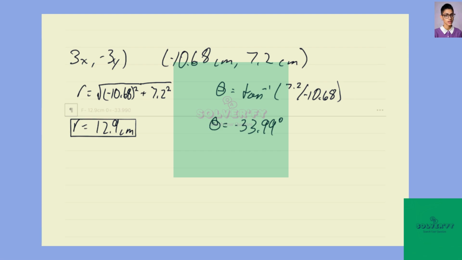So this means that due to the range of the inverse tangent, the angle would actually be 180 plus negative 33.99. Therefore, the theta for our answer equals 146.01 degrees.